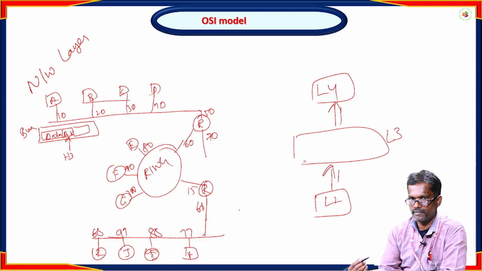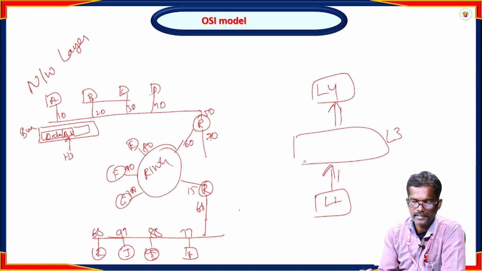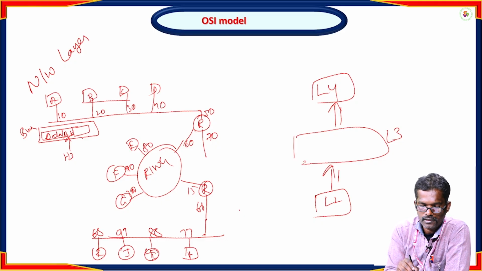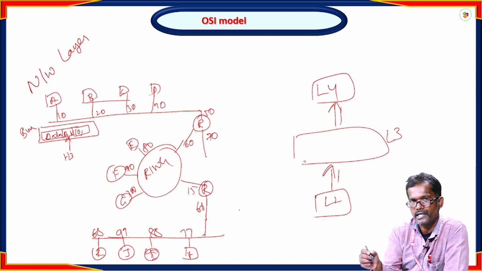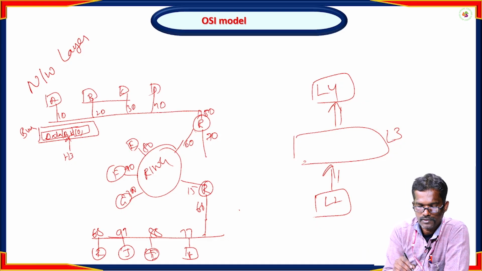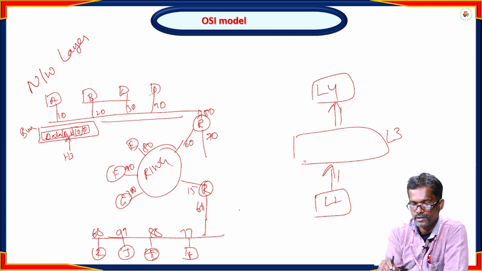Like that, different addressing will be there. For example, in the first box the address will be 10, comma, where does it need to go? It needs to go to K. But K's address is not there in this particular local area network, so you need to transfer through the router. For the router, we are giving an IP address of 50. So 10, comma 50. It transfers from A to the router.